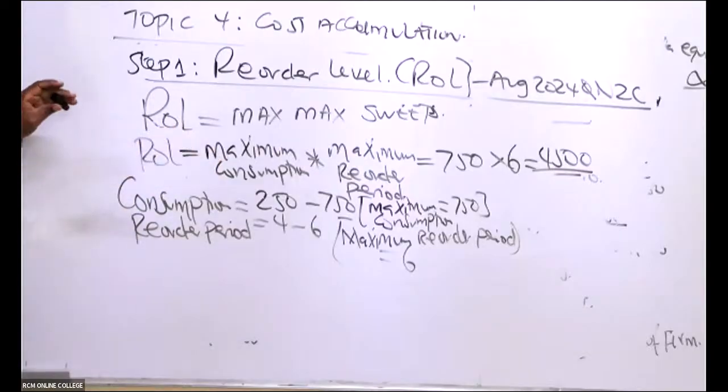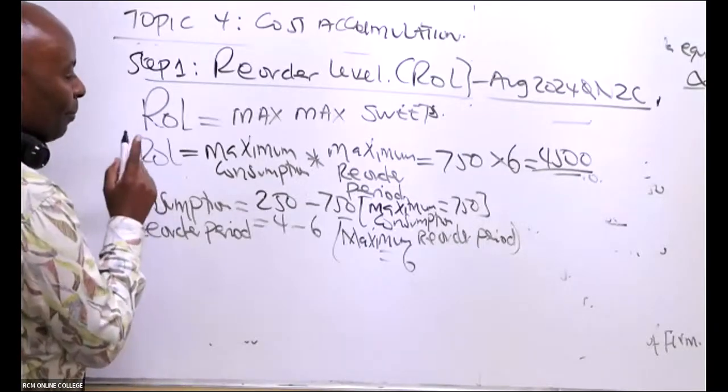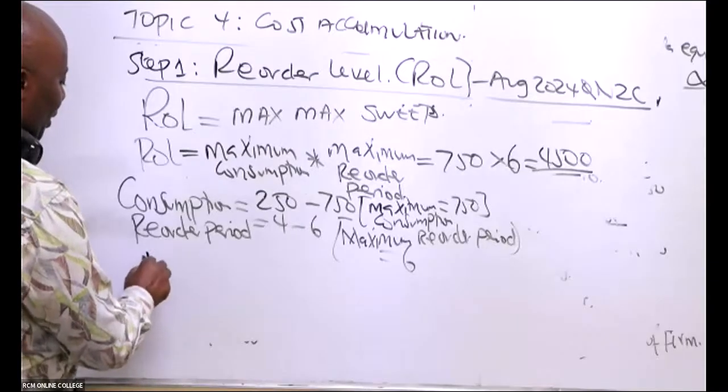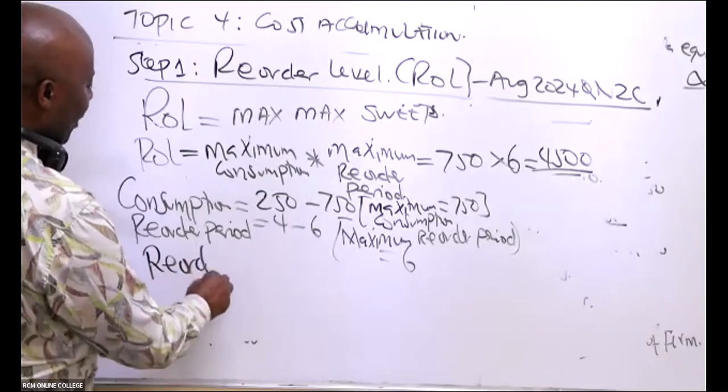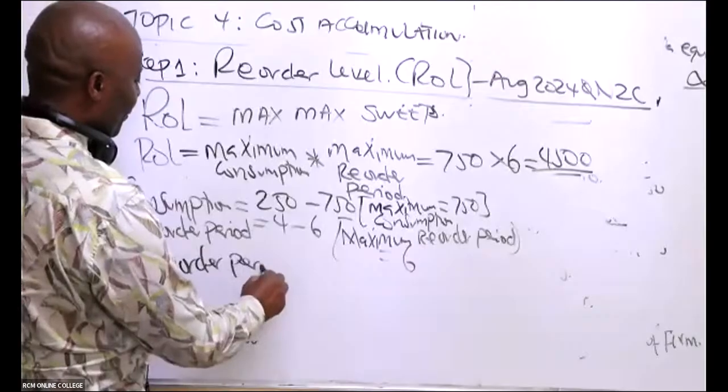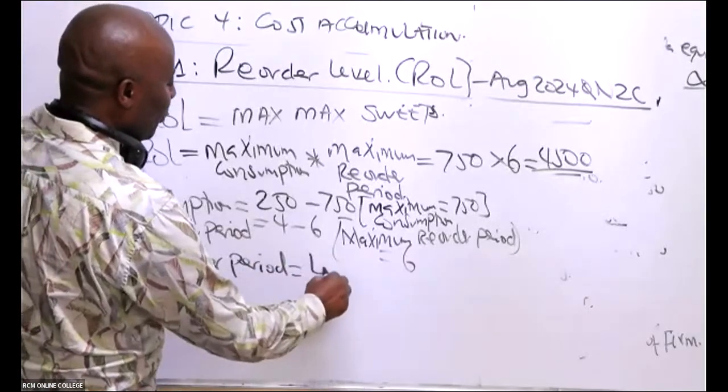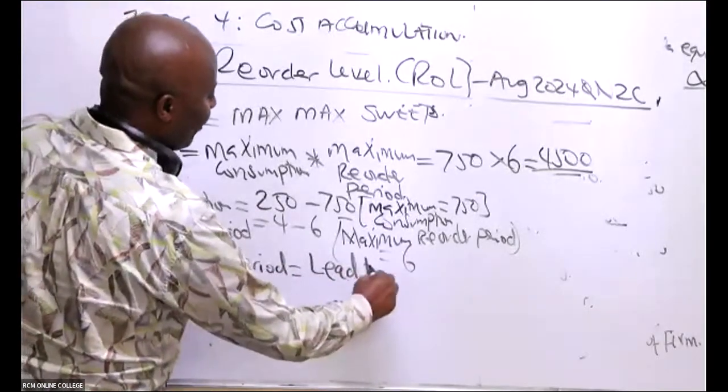So in this case, that is very, very important. That's number one, the first step. So the second step now, another good question that they're asking, I'm surprised they know this: this reorder period is also known as what here, somebody?